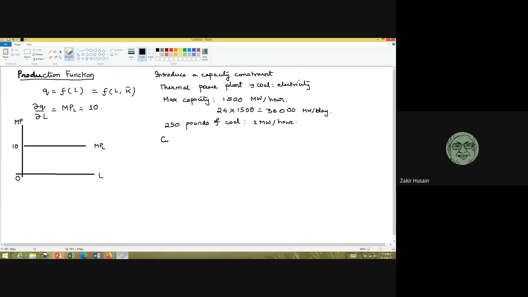So if you are using, let us say, 250 pounds of coal, how much will you produce in 1 hour? 1 megawatt. If you use 500, 2 megawatts. So this goes on.